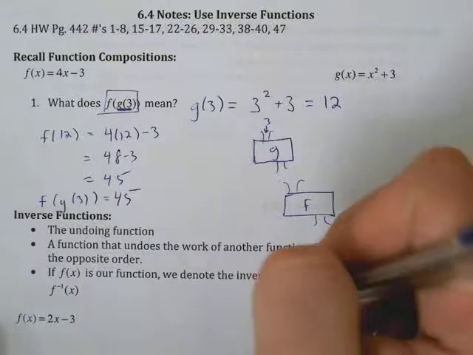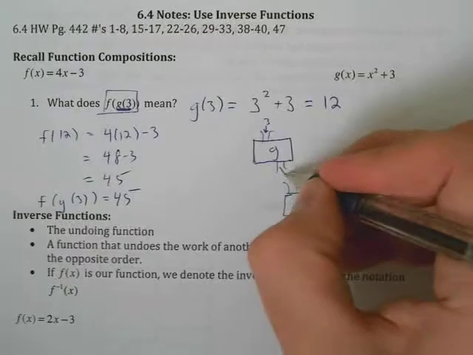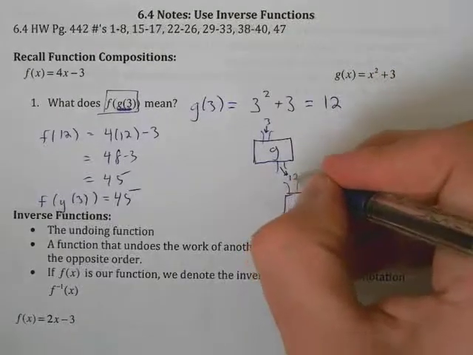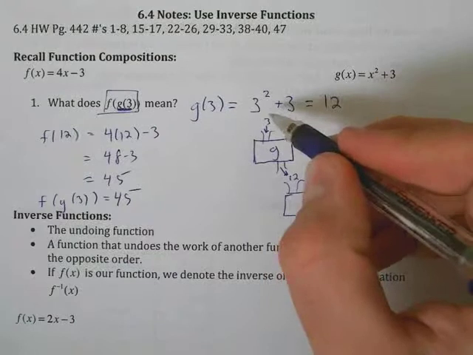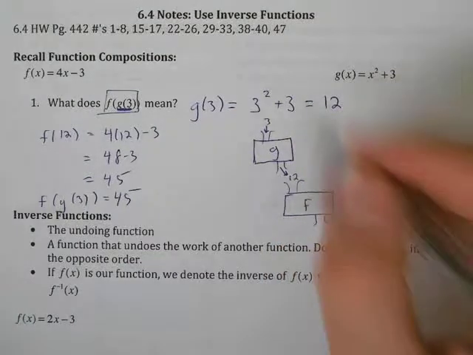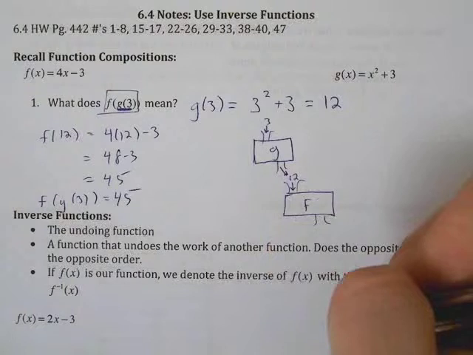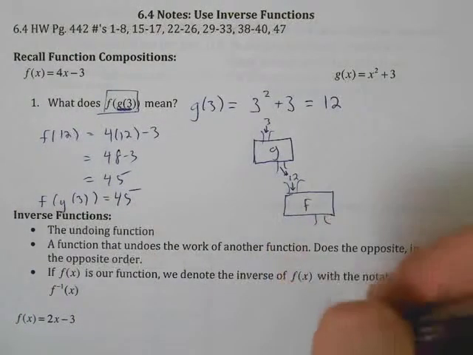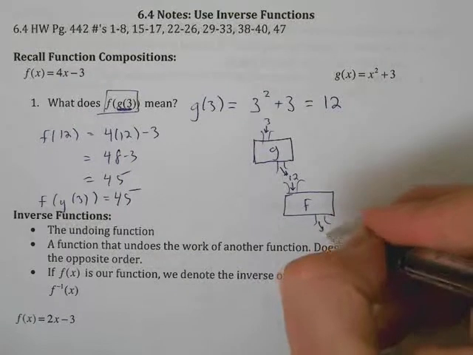The G machine is going to perform some operations on it, and out is going to come a different number, which we saw was 12. So G did some stuff to 3, changed its life, made it a 12. Now we're going to take 12 and put it into our next function, f. F is going to do some f magic onto 12, and out is going to come 45.